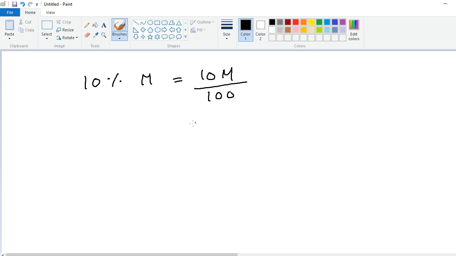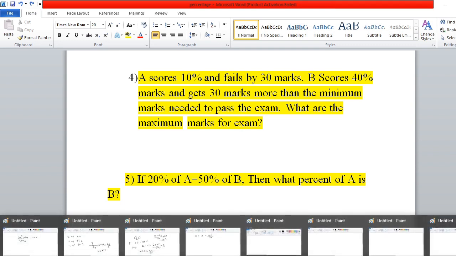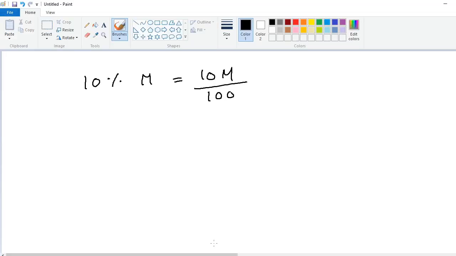But A fails by 30 marks. So A needs 30 more marks to get the pass mark.